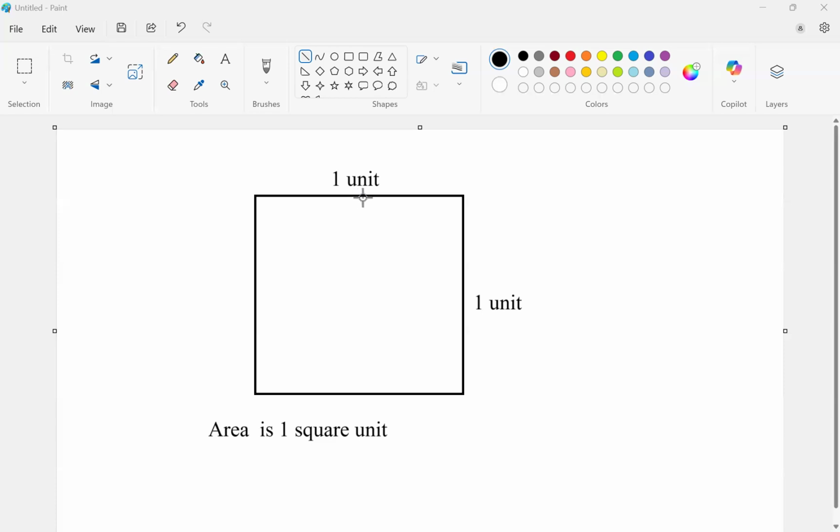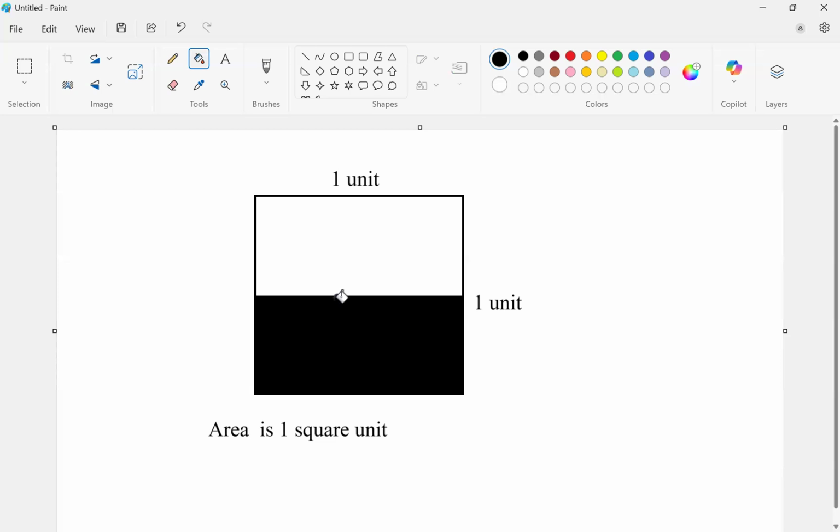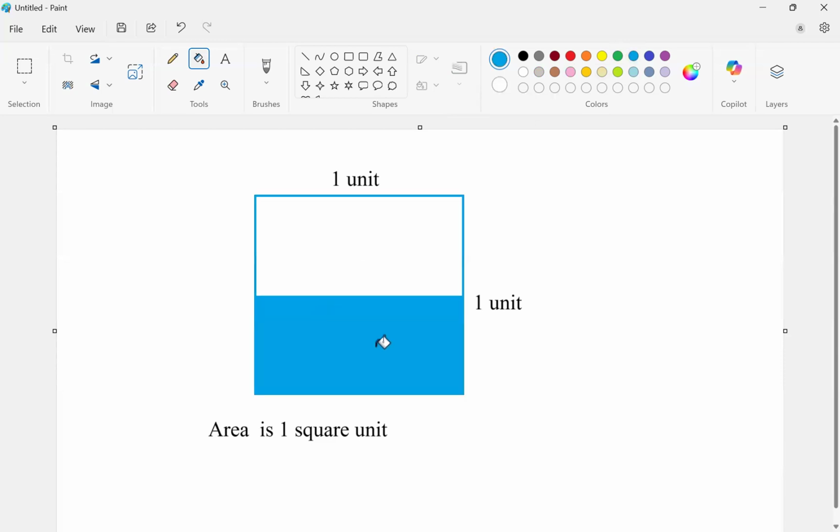What I can do is I can start cutting sections in half. So if I cut this in half, I'll do the best I can to cut in approximately a half. Then this half down here is going to be a half of the actual square.